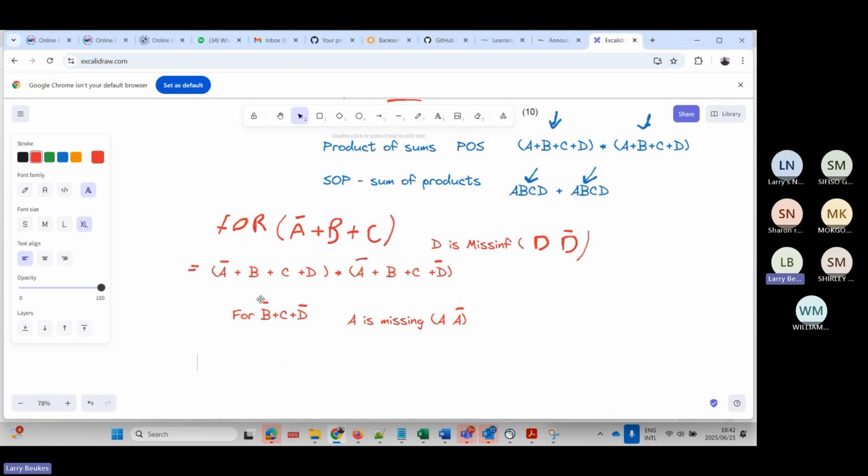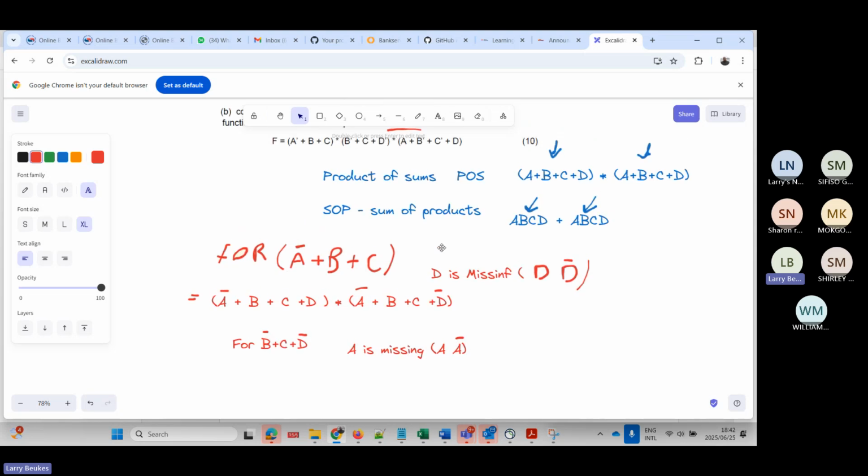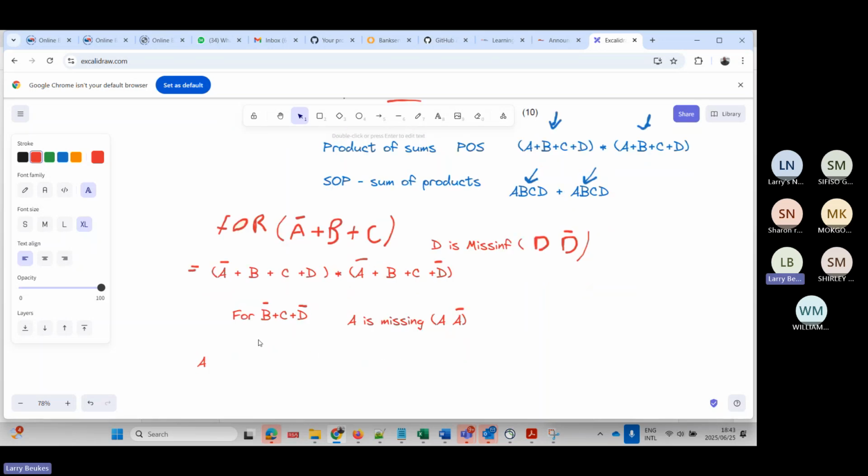So for this term, I almost said the expanded version, but for proper wording, we can say the standard form will be A, B, C, D. This was not B, not D. So this will be the first term, with the A. Then we need the second term, which as well is going to be A, B, C, D. We know from the domain expression that this term was B naught, D naught.